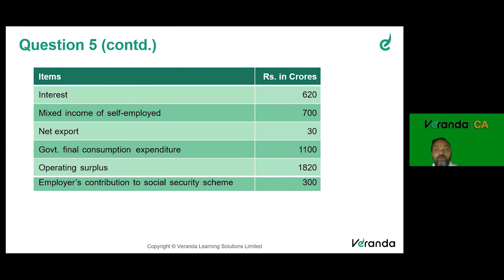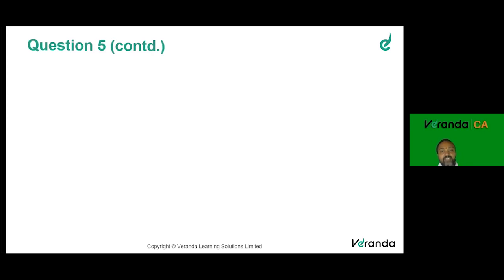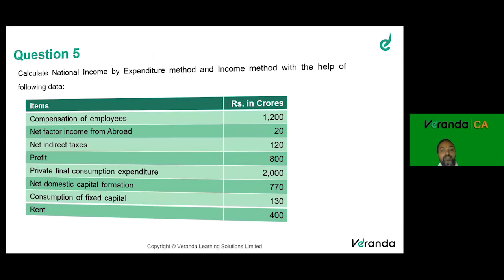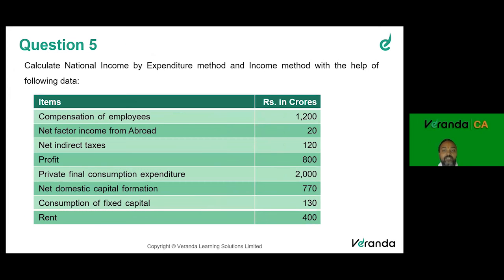So what we have to do? We have to add 2,000 plus 1,100, which gives you 3,100, plus 770 plus 130 gives you 900, so 4,000 crores.